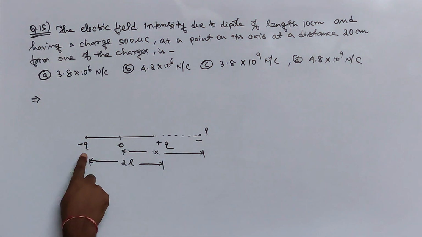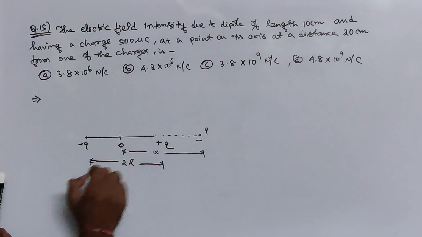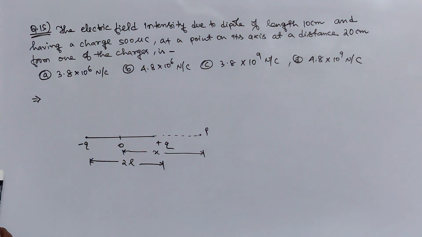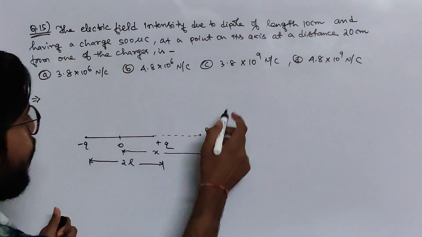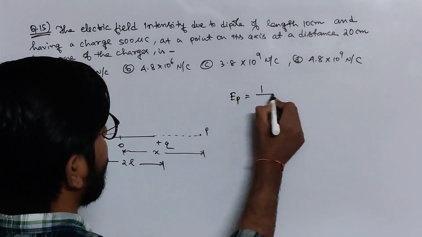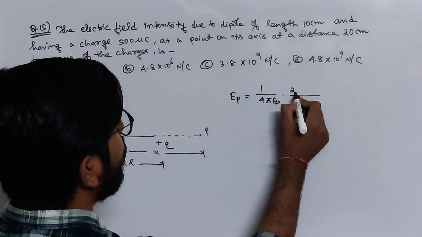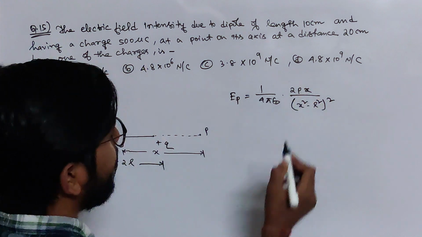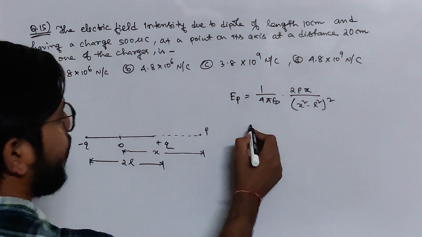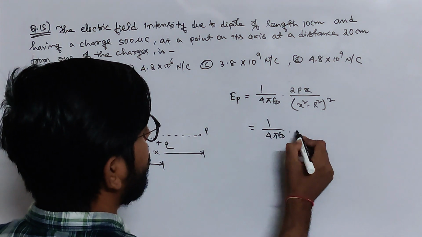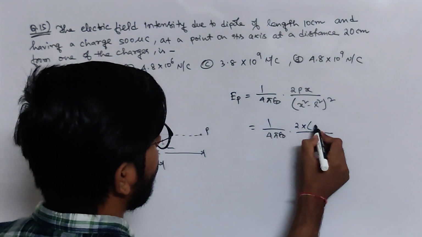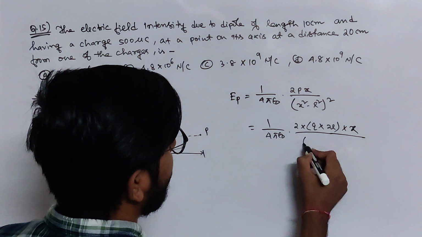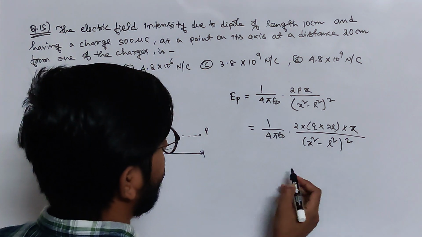So we know if a dipole consists of minus q and plus q, and a point P is at a distance x from the midpoint of this dipole, then the electric field at the point P is 1 by 4 pi epsilon naught times 2Px divided by (x squared minus L squared) whole squared, where P is the electric dipole moment, which is q times 2L.